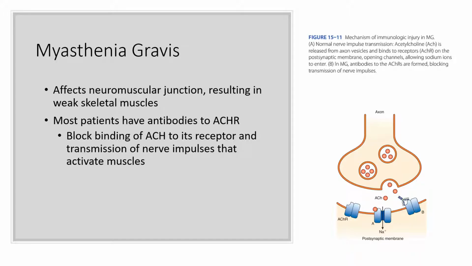Myasthenia gravis, neurotransmitter antibody. This will result in weak muscles and weak transmission of the signal back and forth across the neurotransmitter gap.